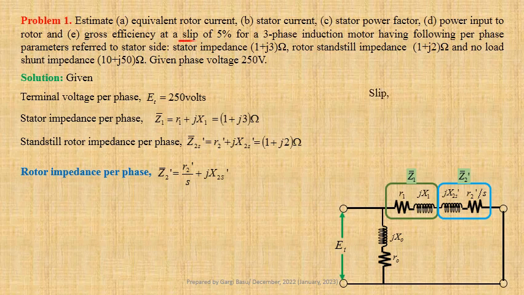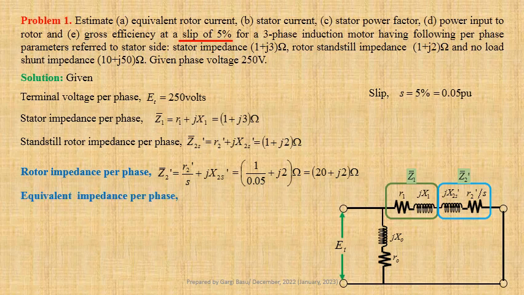Given slip S equals 5%, that is equal to 0.05 per unit. Therefore, Z2 dash equals 1 upon 0.05 plus j times 2 ohm. That gives us 20 plus j times 2 ohm. Let us now determine equivalent impedance per phase. ZEQ equals Z1 plus Z2 dash.